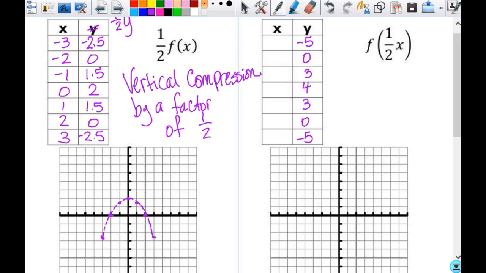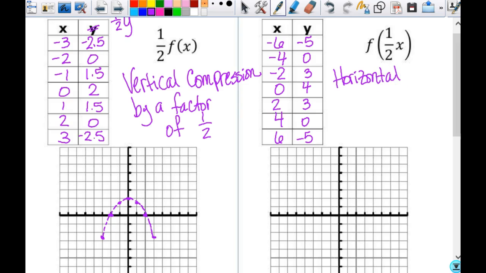All right, so x, instead of multiplying x by 1/2, I multiply it by what? 2. So this is going to become -6. -2 becomes what? -4. And then -2, 0, 2, 4, 6, 5. Okay. So this is changing x. So it is a horizontal what?